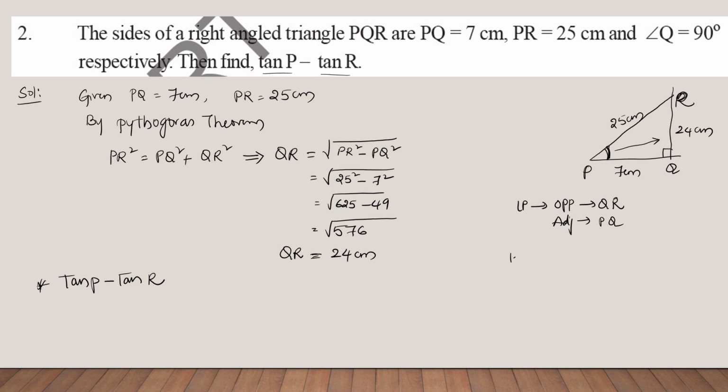The same way, with respect to angle R, the opposite side is changing, no? Opposite side is PQ and adjacent side is QR. From this you can easily remember. See here, with respect to P we are discussing, no?